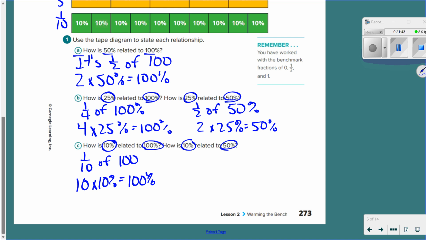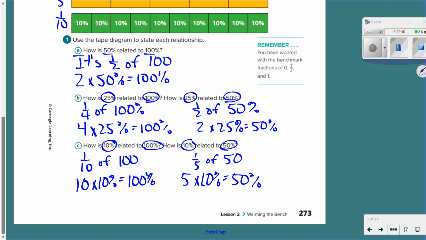Nash? 10 times 5 is 50. So I could say 5 10% is 50%. How would I do it as a fraction? Alina? It's 1/5. So it's 1/10 of 100 or 1/5 of 50.